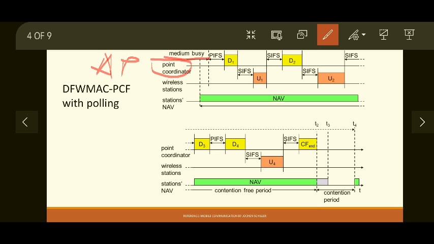After waiting up to t1, it realizes that the medium has now become free. Now it will wait for PIFS amount of time before it can start polling. Since this is PCF, the waiting period is now PIFS.